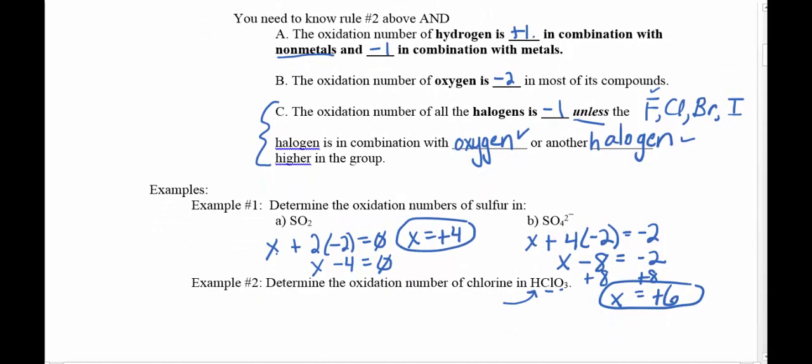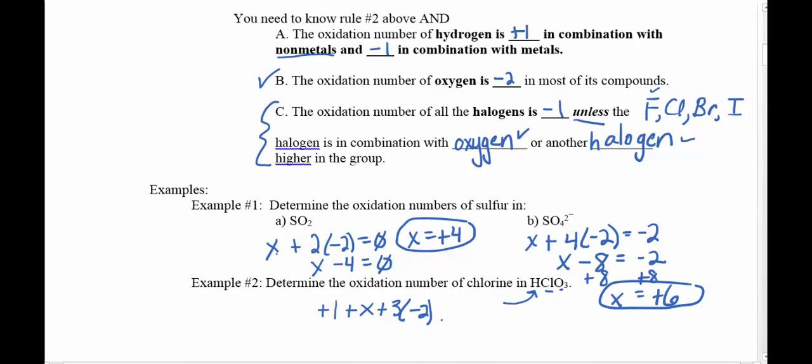Okay, so plus 1, and we'll say that's our known for hydrogen. We're going to add that to chlorine's unknown oxidation number, so plus X. And we're going to add that to oxygen's oxidation number. And there's 3 oxygens. Each one is minus 2, because that's one of the known things that we are going to have memorized.